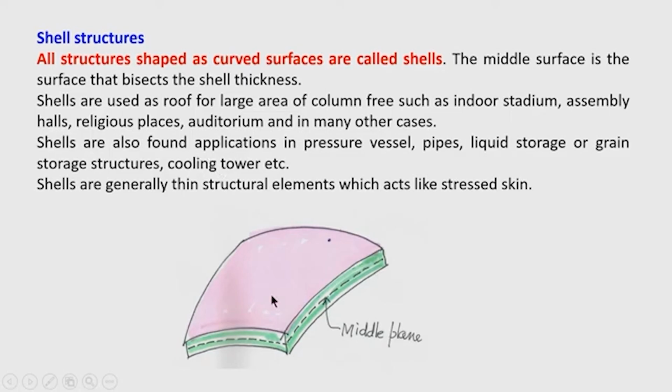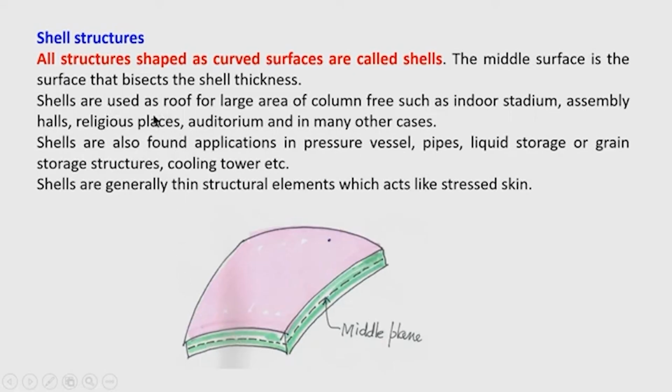Now, all the stresses and strains, whatever we discuss, are referred to the middle plane. So, what is middle plane? Just like our plate, middle plane or middle surface is a plane which bisects the thickness of the shell. Say this is the thickness of the shell, and the middle plane is bisecting the shell.